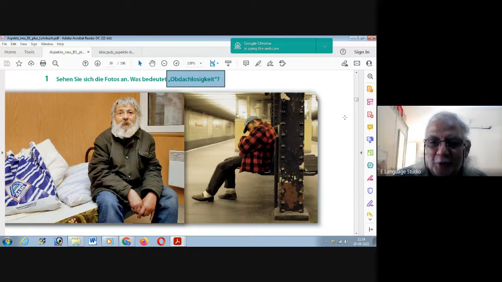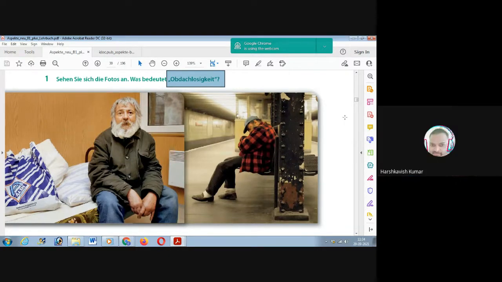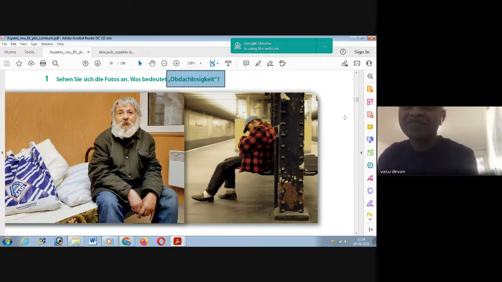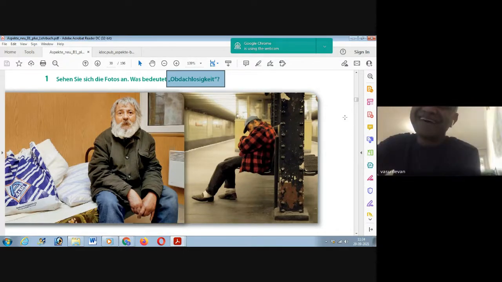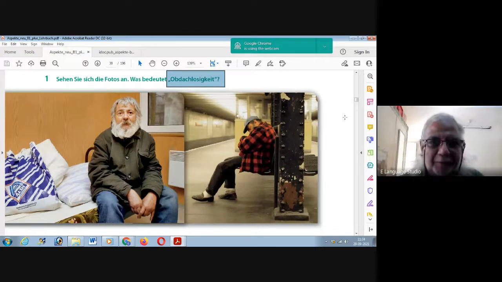Wer hat ein Wort dafür? Sir, homelessness. Ness. It's asylum? Ah, asylum is something different. This is homelessness. People on the streets.